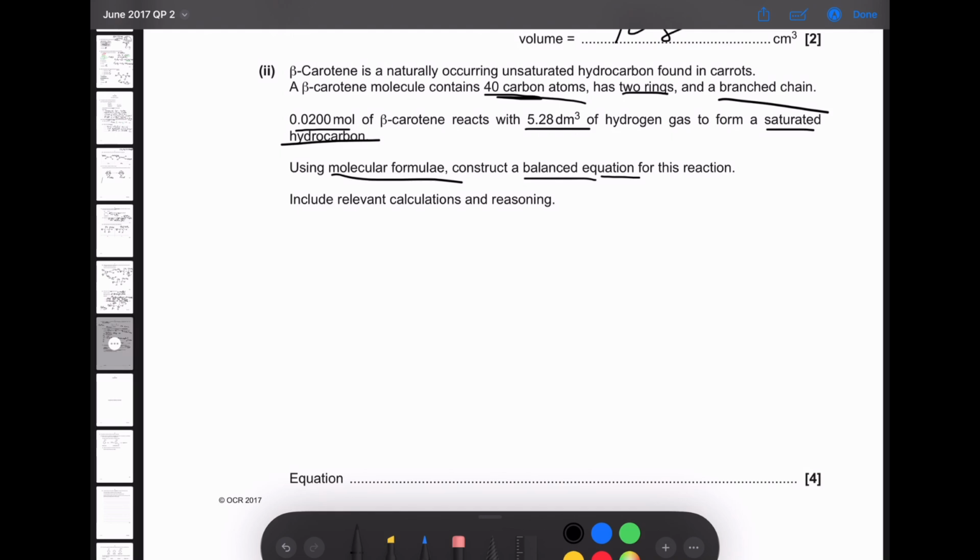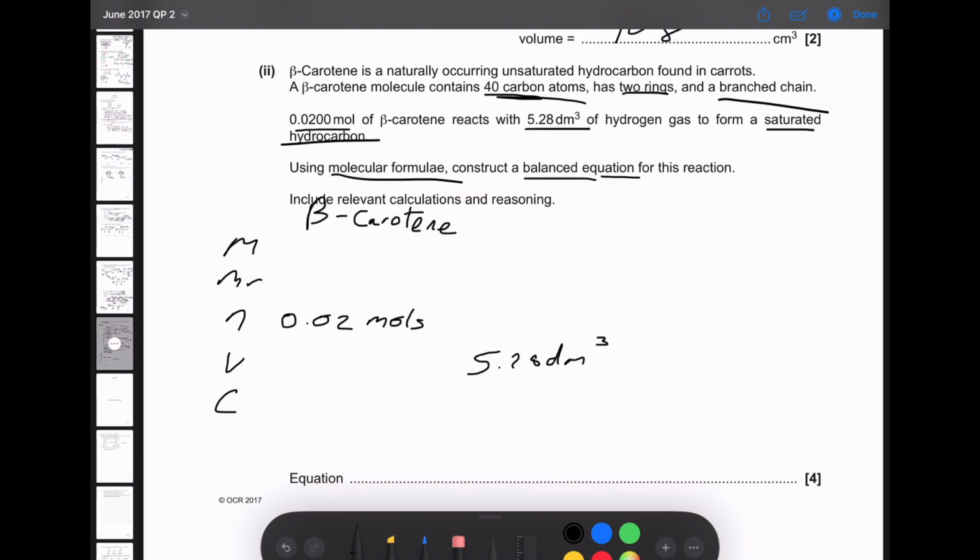Okay, so we're going to do our little grid again, M, MR, N. Don't put V and C in just for the sake of it. So we've got 0.02 moles of beta-carotene. So if we have 5.28 decimeters cubed of hydrogen, what's that in moles?